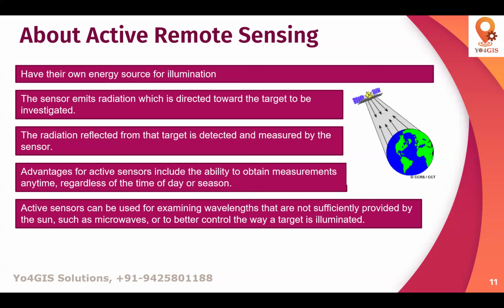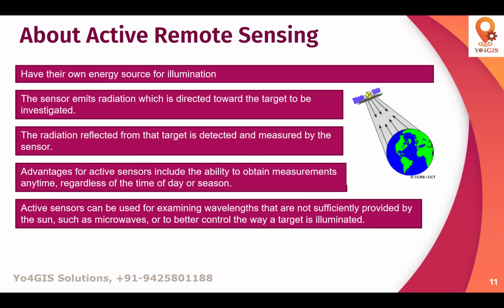The radiation reflected from that target is detected and measured by the sensor. The advantage of active sensors includes the ability to obtain measurements anytime, regardless of the time of day or season. So if we are collecting information with the help of the active sensor, we do not need to wait for day or night.